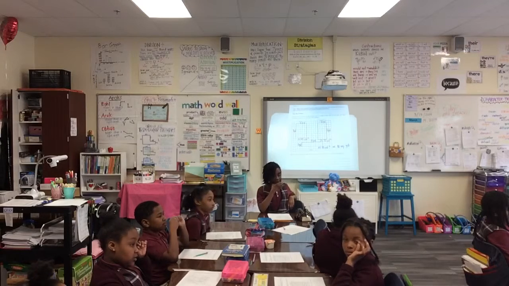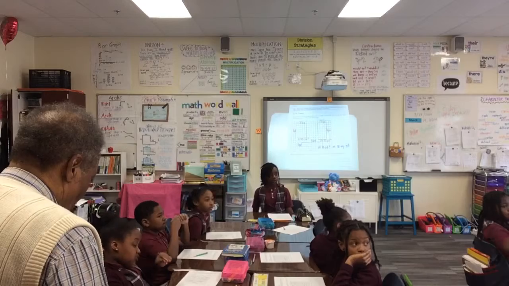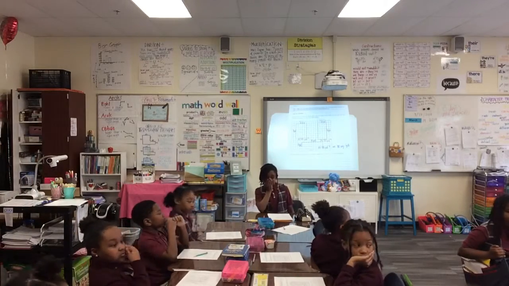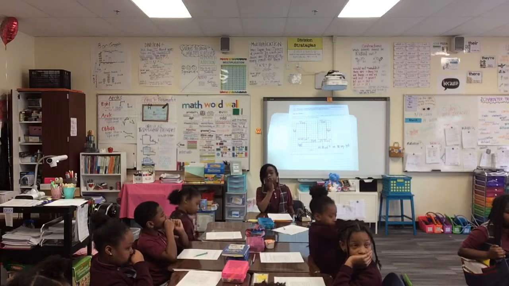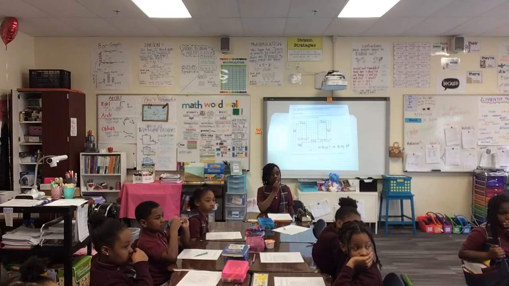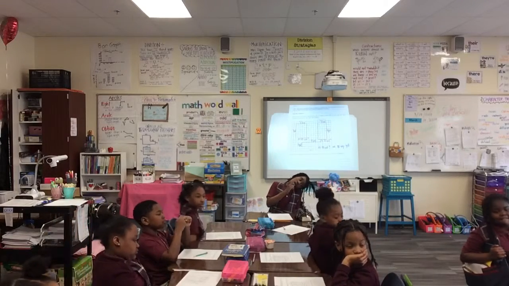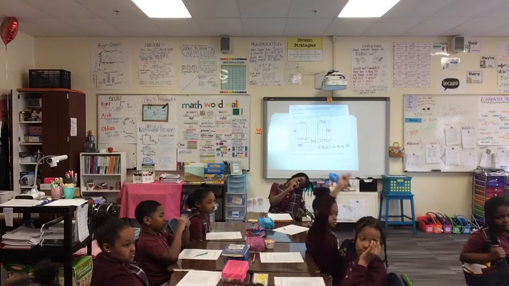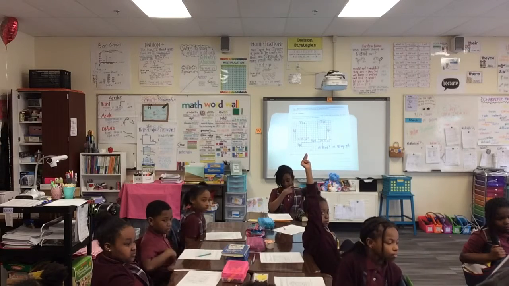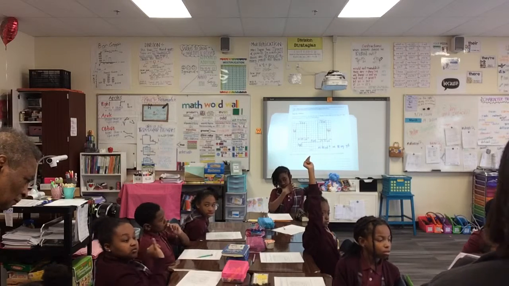35 square yards, 32 square yards, and 18 square yards. Why is it 35, Cameron? Why is 35 square yards the largest area? 35 square yards is the biggest area because if you do 5 times 2, you get 10, and 7 times 2, you get 14.